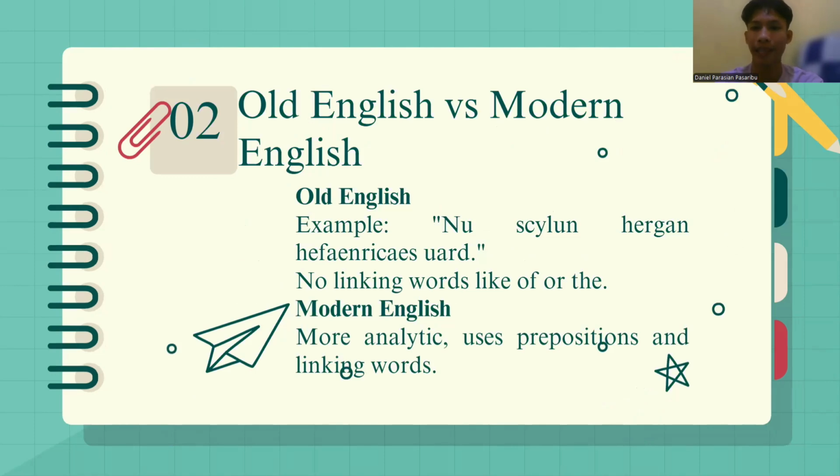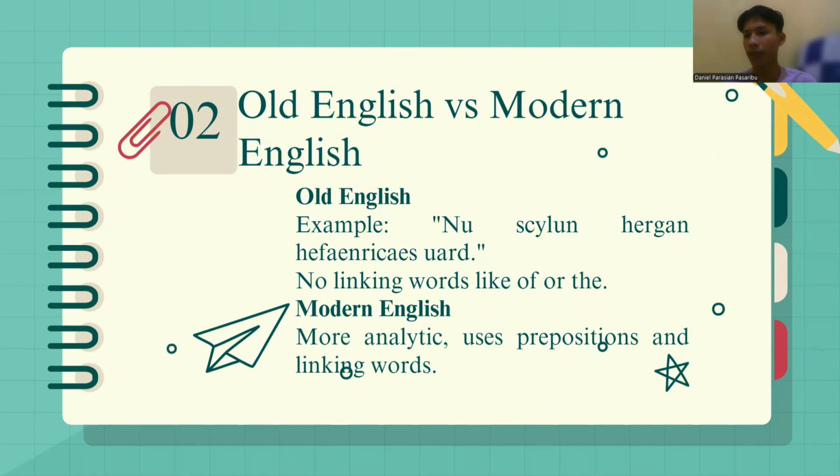Next slide, Old English versus modern English. Old English was synthetic, meaning it relied heavily on inflected word endings to indicate meaning.